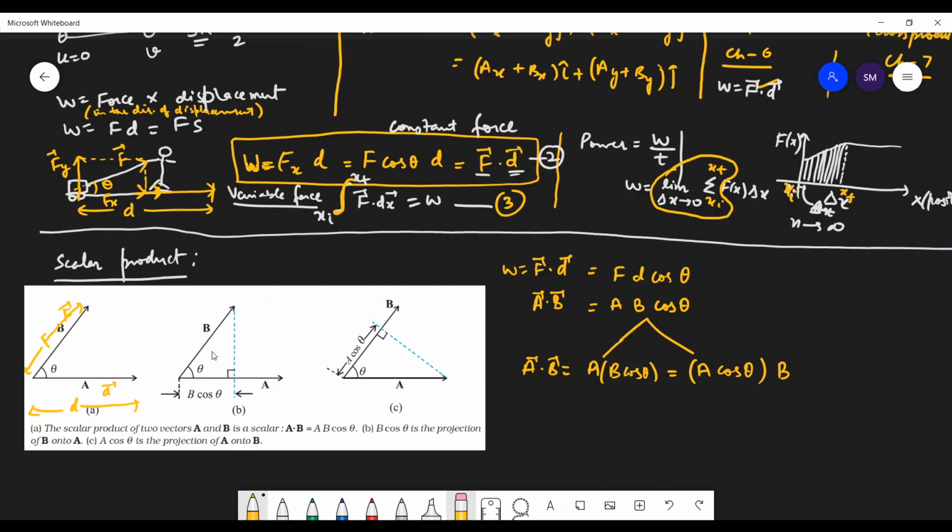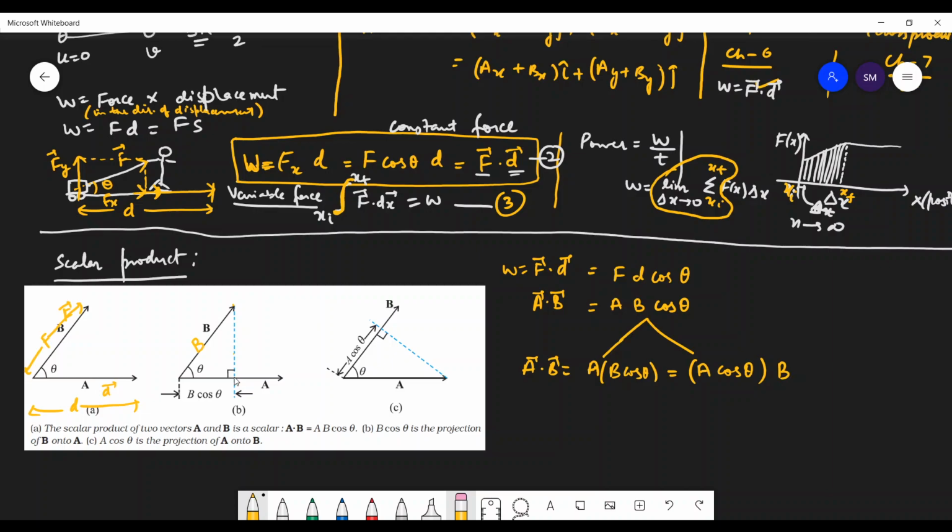The length of this hypotenuse is B. I have drawn a perpendicular from B, so I call it the projection of B on A. I am projecting vector B on A, so I call this B cos theta the projection of B on A. And A cos theta, see, this is where A ends, so this whole is A. I am drawing a perpendicular from A to B, so this is the projection of A on B. So this A cos theta is the projection of A on B.